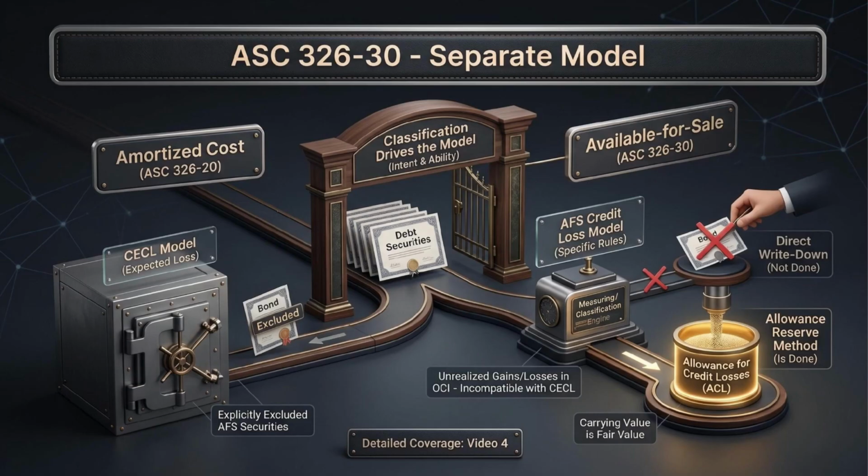Instead, dash 30 uses a separate credit loss approach and records credit losses through an allowance rather than a direct write down unless specific sale related conditions apply. The key point for this video is simple. Available for sale debt securities do not go to ASC 326-20.